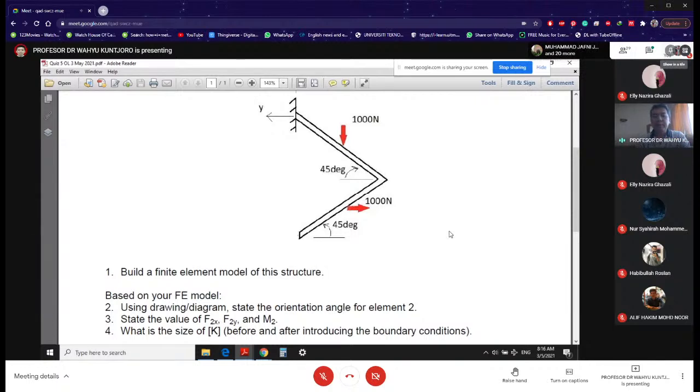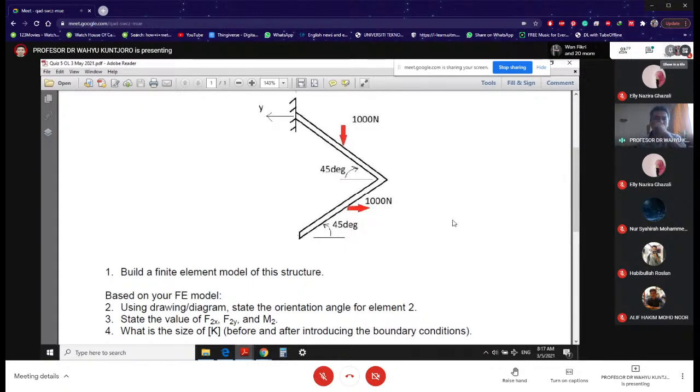For question number 3, you need to state the value, if you have the value anyway, of fx, fy, and m2, which of course relates to node number 2. Which node is number 2 depends on your finite element model. After that, you need to state the size of the structural stiffness matrix K, before and after you introduce the boundary condition.